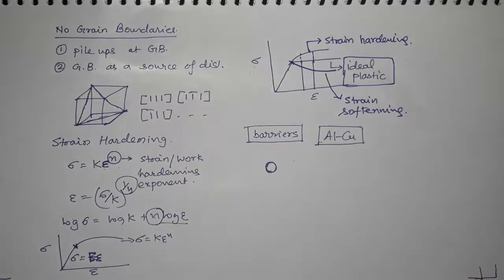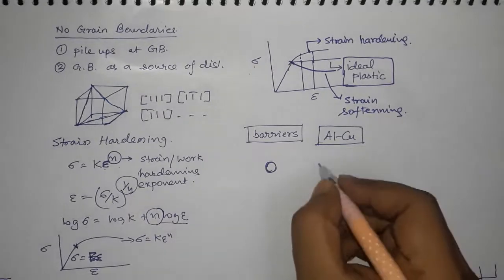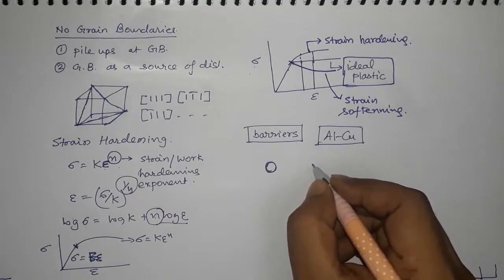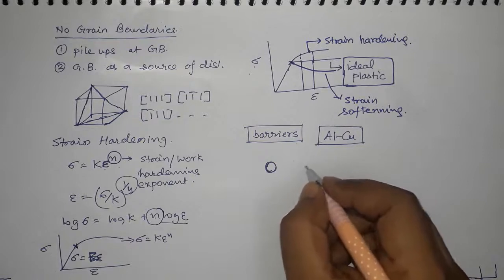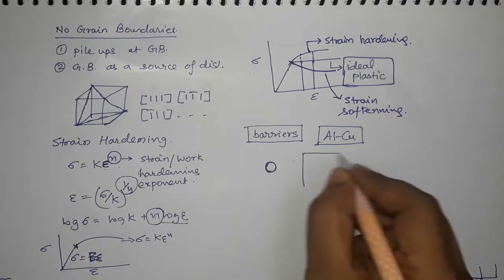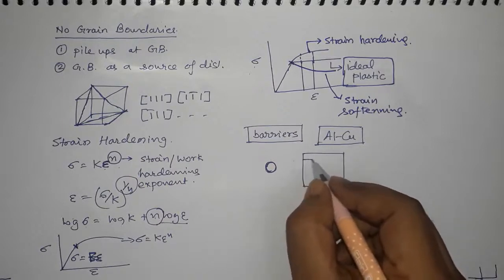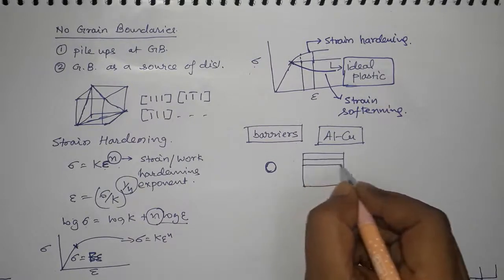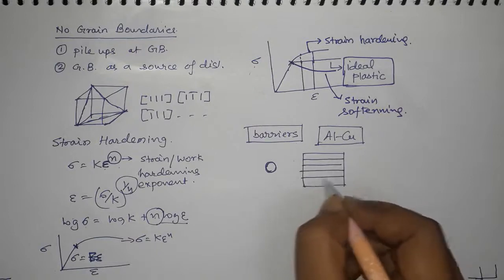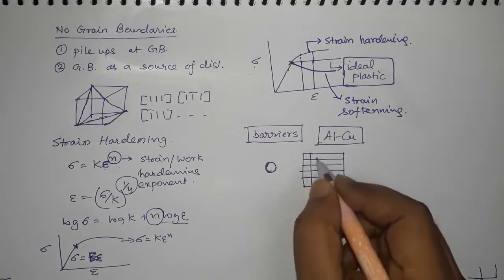So initially when you have a very small colony of copper in an aluminum matrix, let's say this is my aluminum matrix, and I have the unit cells, which I can describe like this.